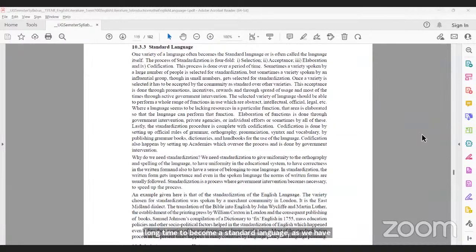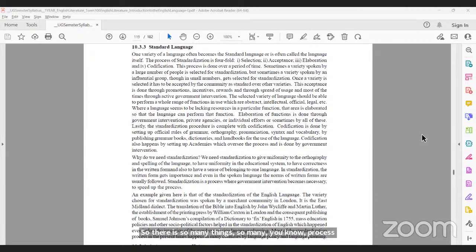American English is different from British English, because British English has a standard form which is known as RP, received pronunciation, based on their pronunciation and phonetic transcriptions. So there are so many processes to make a language the standard one.